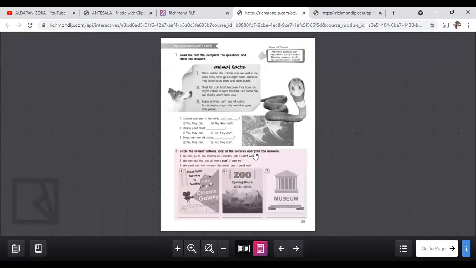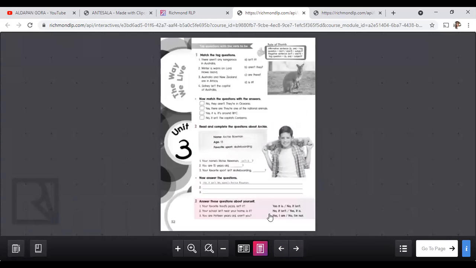Remember to turn off the microphones, please. Well, what is the page number? Page number 32. This is the page.